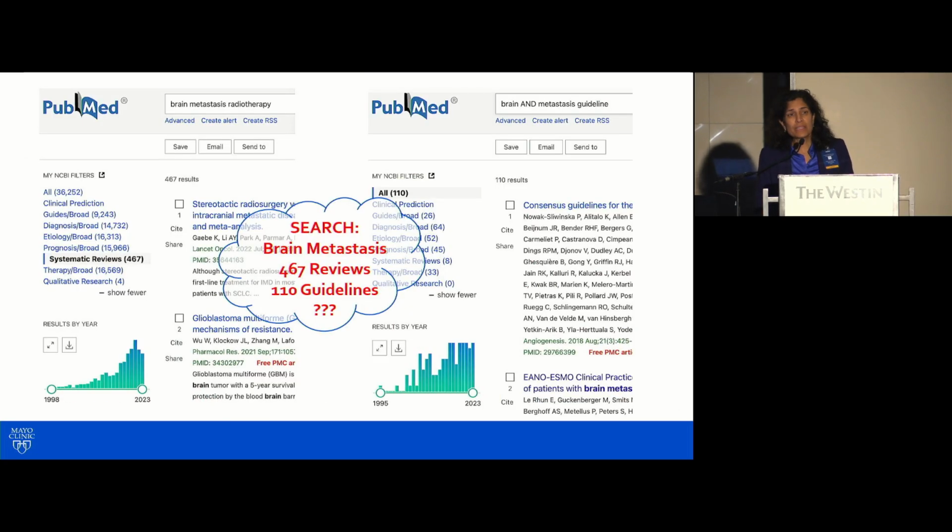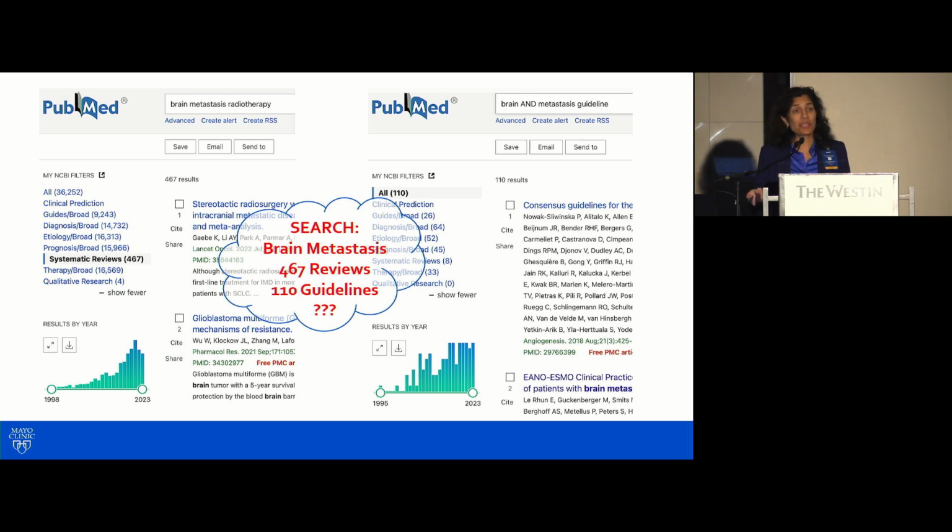So I did a quick search on PubMed, and this was a few months ago, so maybe these numbers are even bigger now. But within the last year, there were 467 reviews and 110 guidelines out there. So when you start looking to the literature for some guidance, it can become overwhelming very quickly about how to manage all the different types of combinations of patients that will come to see us.